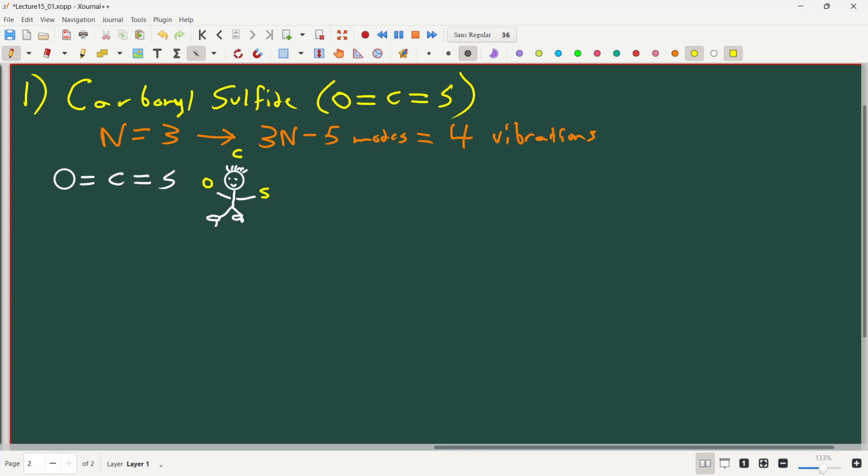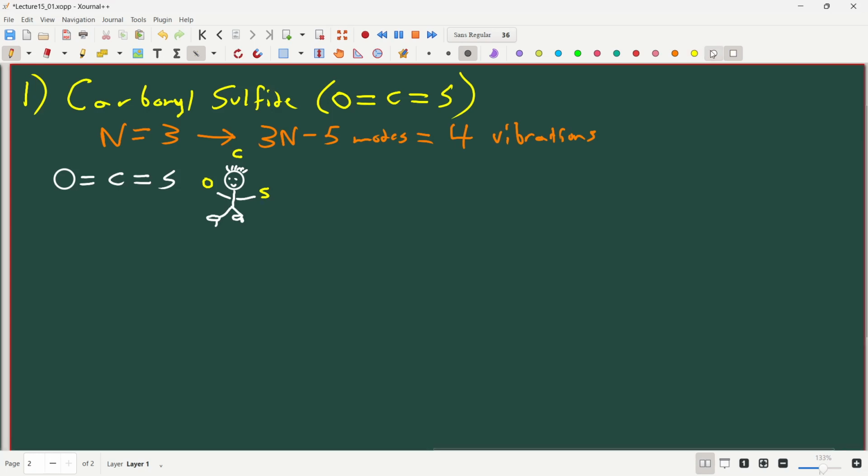All right, and he's going to show you these normal modes that are these collective motions of all the atoms. And there are 4 modes. And what I'm going to do is list them from highest energy, highest frequency, to lowest. And we notate them this way in chemistry. We always label the highest energy vibrational mode in a molecule by the label nu1.